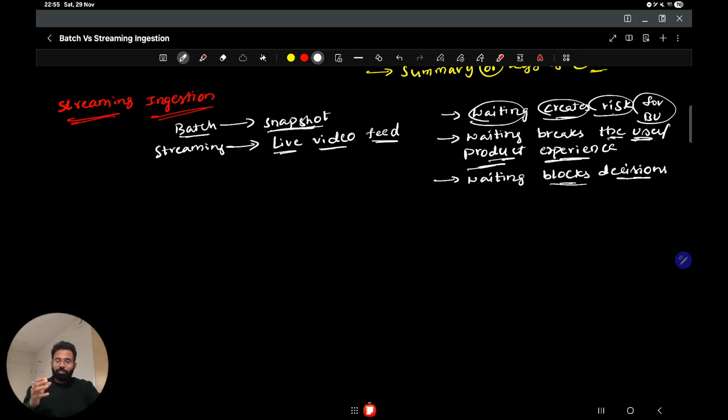Then we need to stop the transaction before it completes, not after it completes. That's when streaming becomes necessary. Otherwise it is putting the business of your company at risk. Here you want to take decisions immediately. When I say you, it might not be you in general, it might be the machines that have to take the decisions immediately as well. Otherwise it is creating risk, like in the fraud detection case.